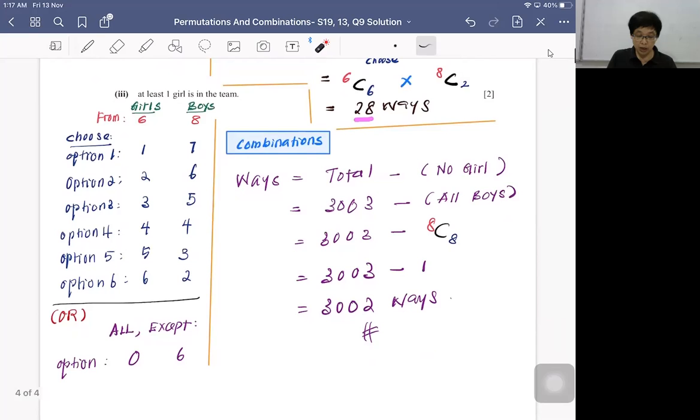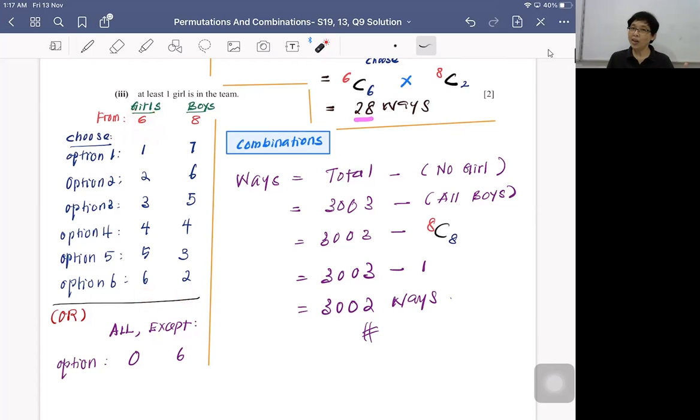And if you happen to ask why we are not proceeding to 8 girls and 1 boy, if you look carefully at the choices you have, you only have 6 girls available altogether.